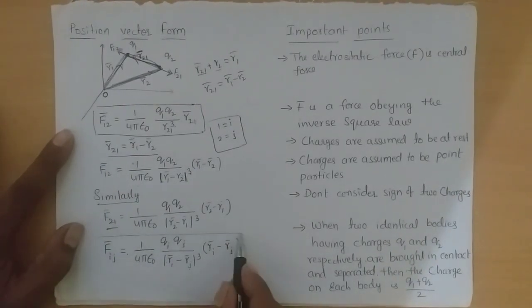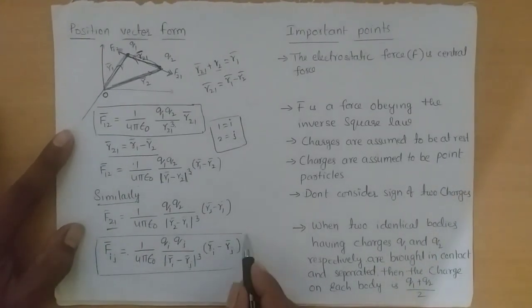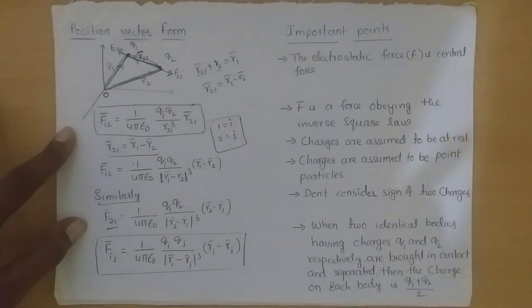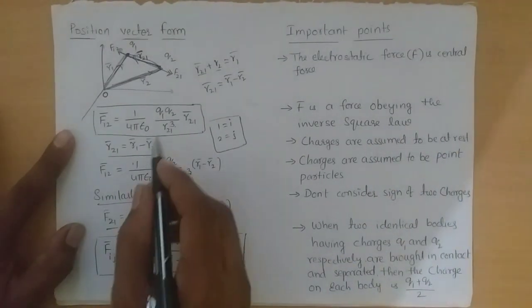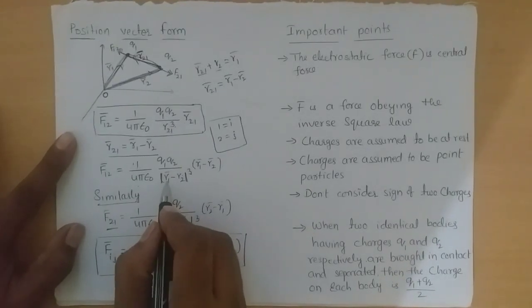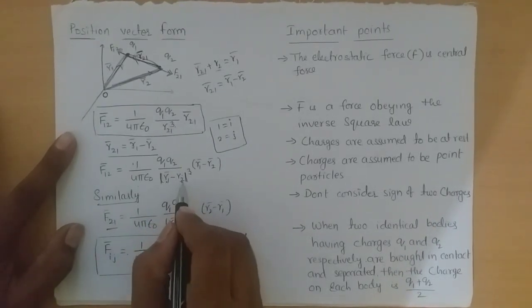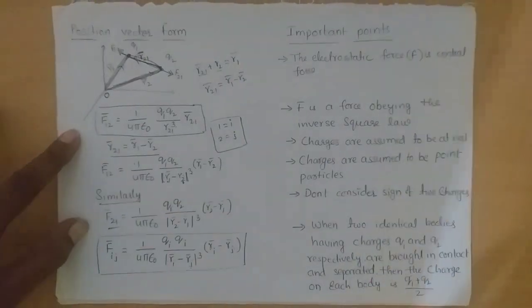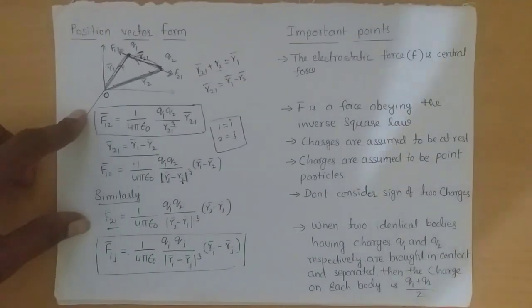This is the general formula, remember. This is the position vector form. R1 is nothing but the position of Q1 from the origin, and R2 is the position of Q2 from the origin. You have to remember that this position vector form is also important.